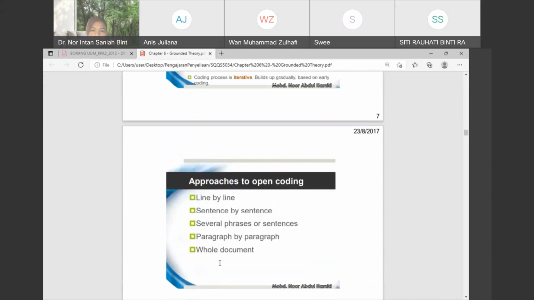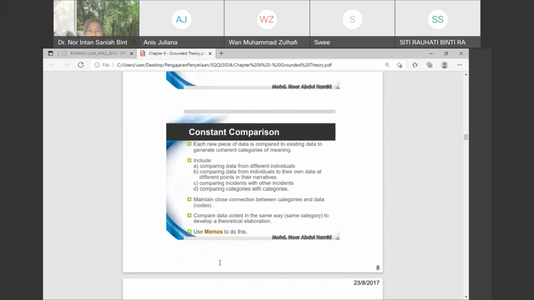As for constant comparison, we will be comparing, right? Sometimes you can apply it, or maybe you don't. Here, let's say you want to look at each individual and their story. For example, in one paper at Future Harris, one of my students looked at his social media and also interviewed him, so he looks at the similarities and differences between what he explains during the interview and what he shares on social media.